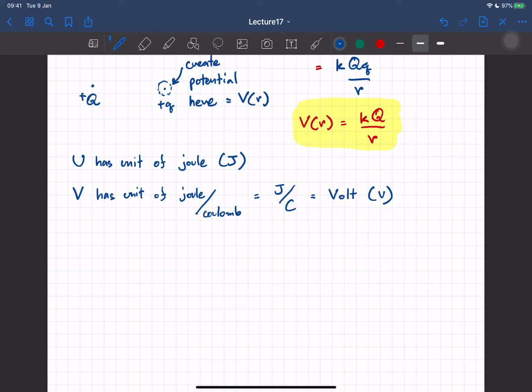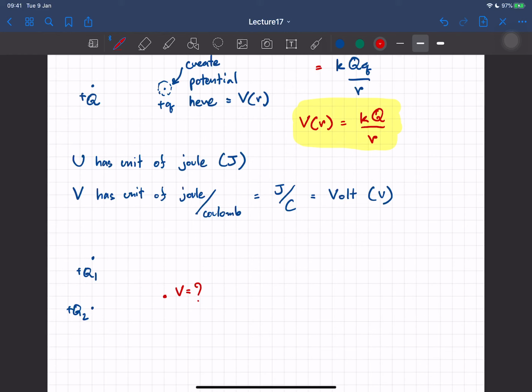Potential is a scalar, so that means you can just add the potential from however many charges you have. And even better, you don't need to worry about the direction. For example, if you have a charge plus Q1 here, and another charge plus Q2 here, and you're interested in the potential V at this point, how do you calculate this?